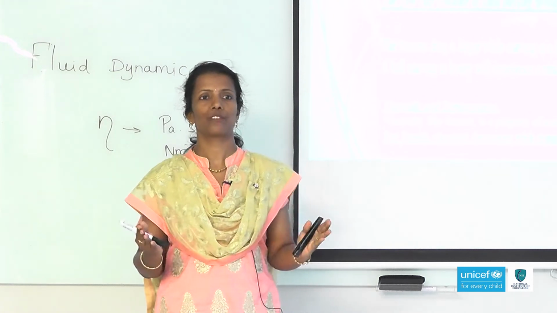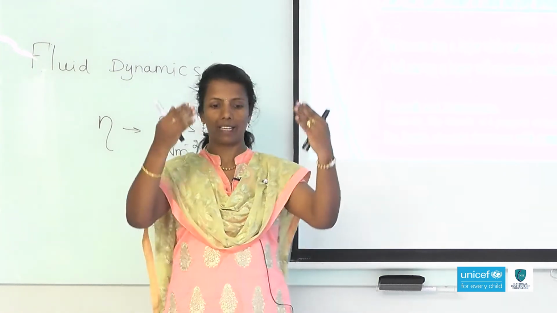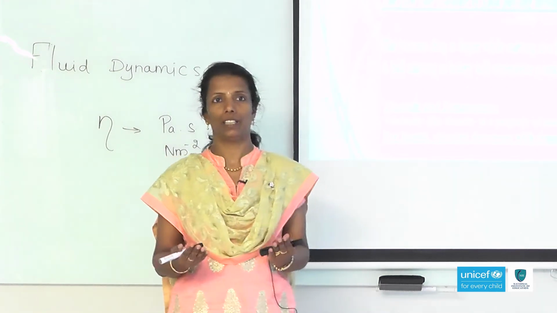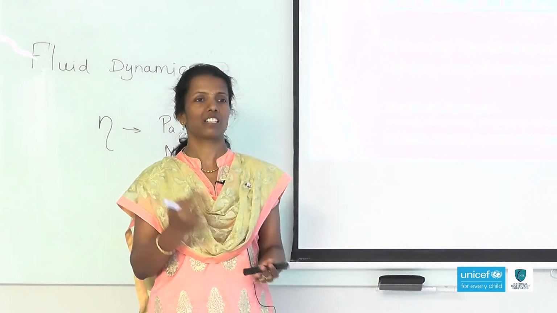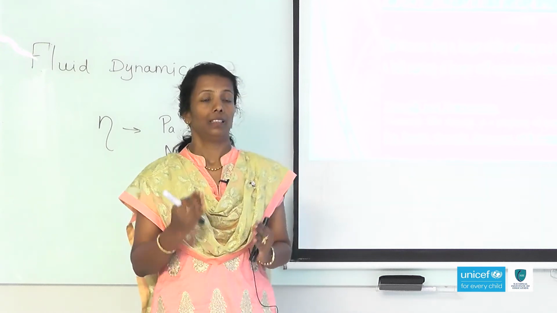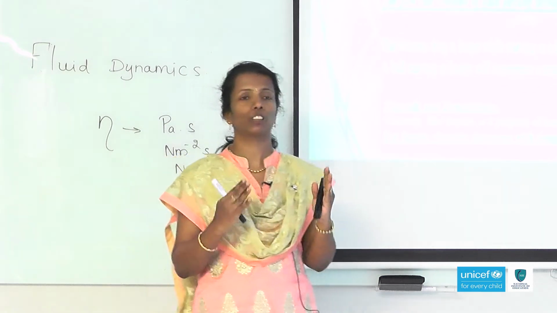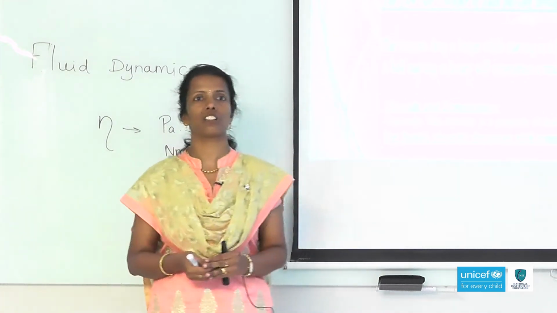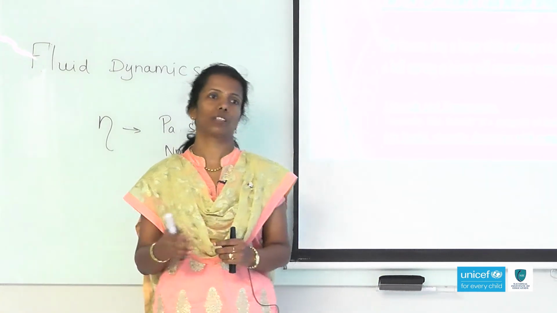Why? There is a difference in speed. Both are accelerating downwards due to gravity. But the liquid here offers a resistive force. The honey has a higher coefficient of viscosity than water, so it offers more resistive force than water.